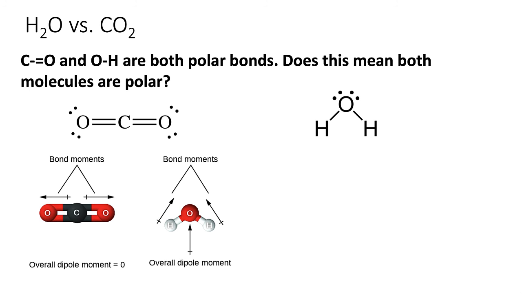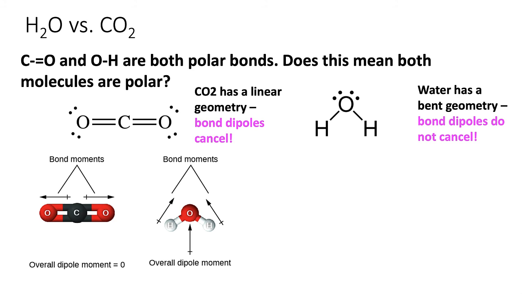Well, we see that the carbon-oxygen double bond and the OH bond are both polar, but does this mean that these molecules are both polar? Well, not exactly, right? Because CO2 has a linear geometry, and the bond dipoles are going to cancel. However, water has a bent geometry, and the bond dipoles will not cancel, and we can see this in the image below.